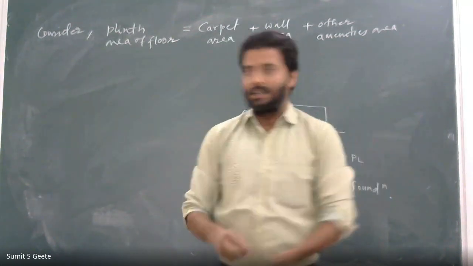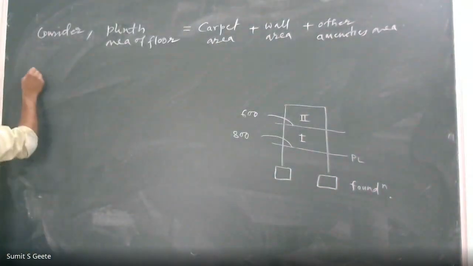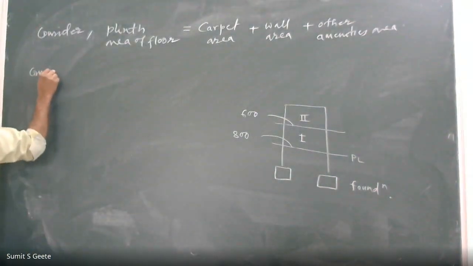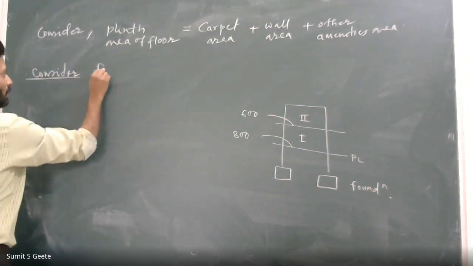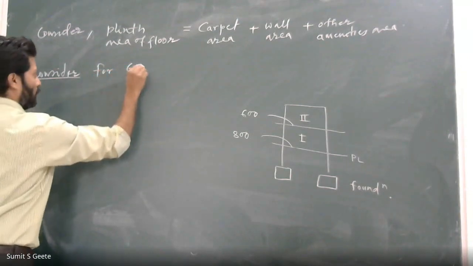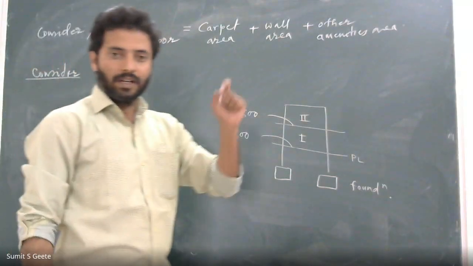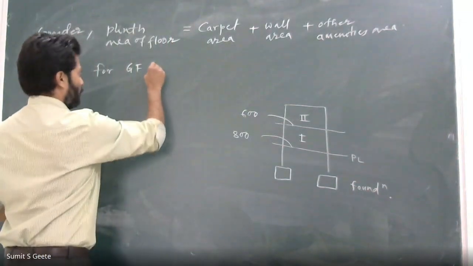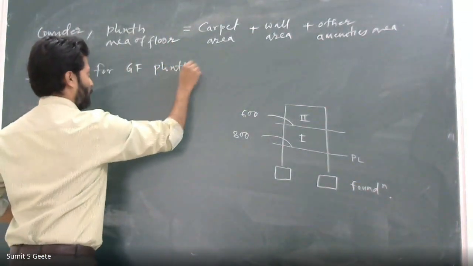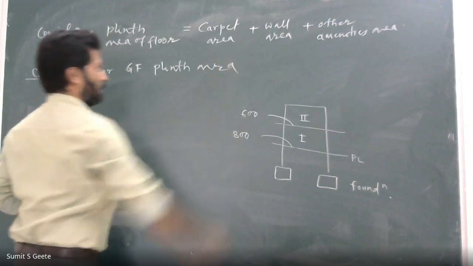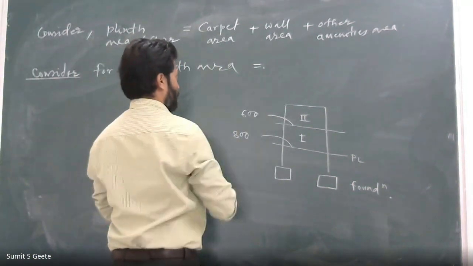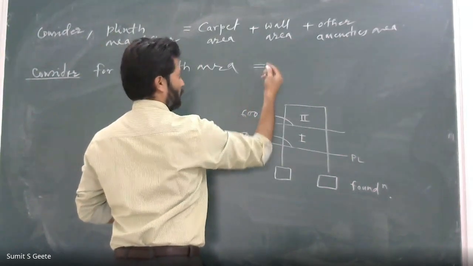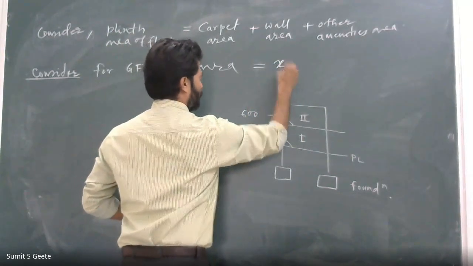So my task is, consider again the ground floor plinth area. Ground floor plinth area is equal to, say, x1.